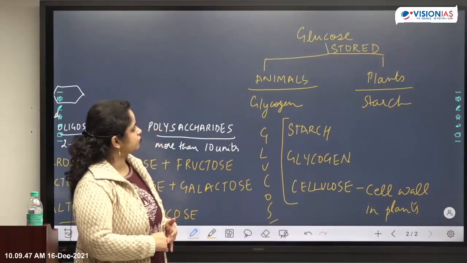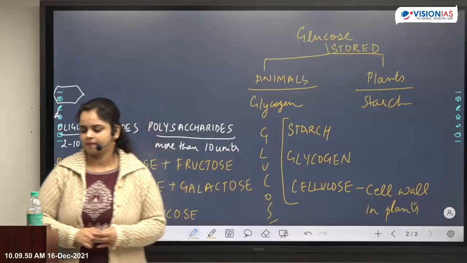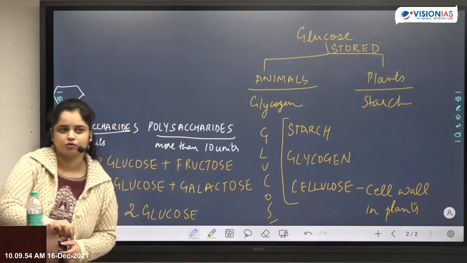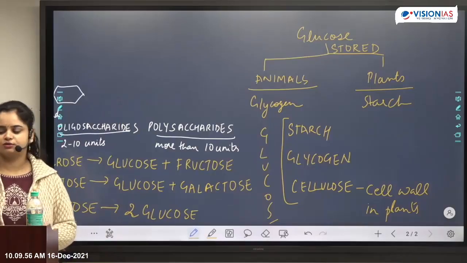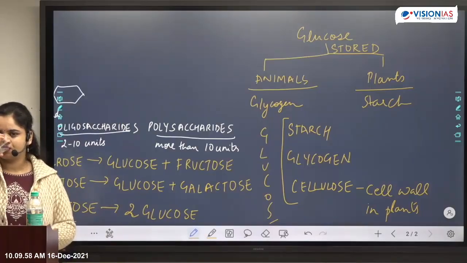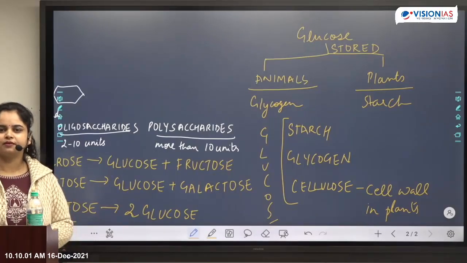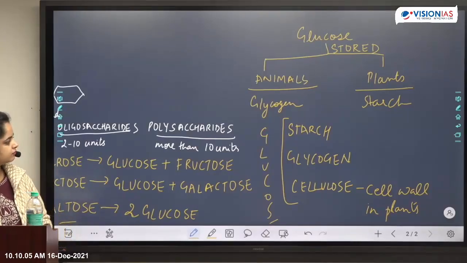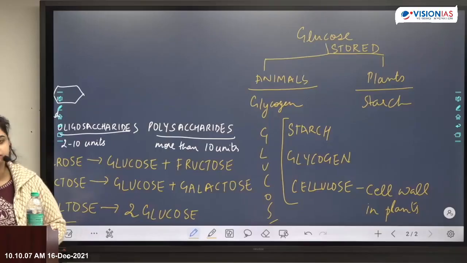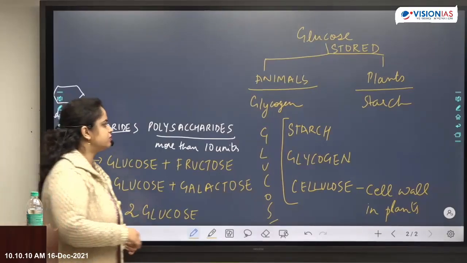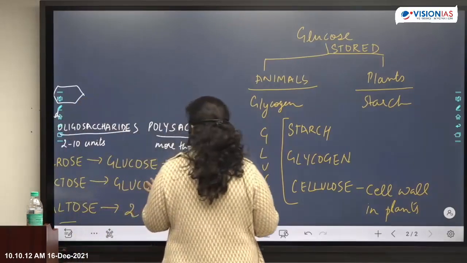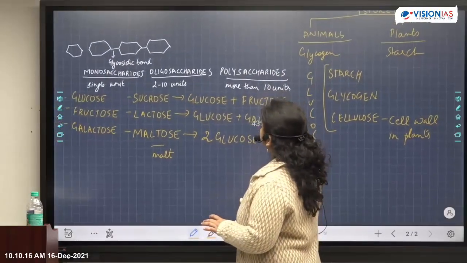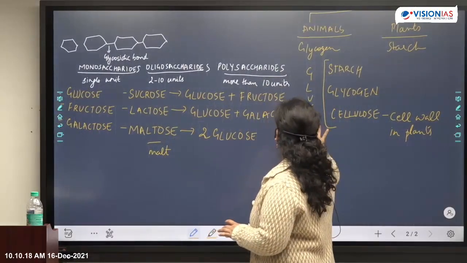And about glycogen you can write, it is the storage product of glucose in animals. So starch and cellulose in plants, glycogen in animals. Now this is all that you need to know.